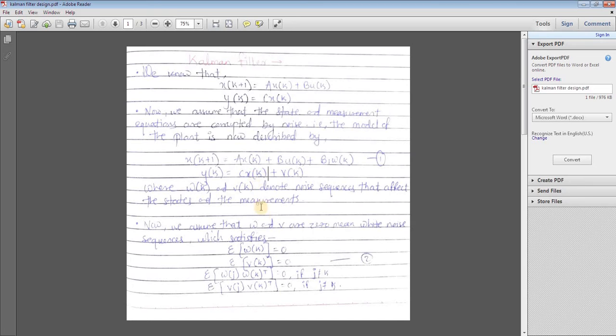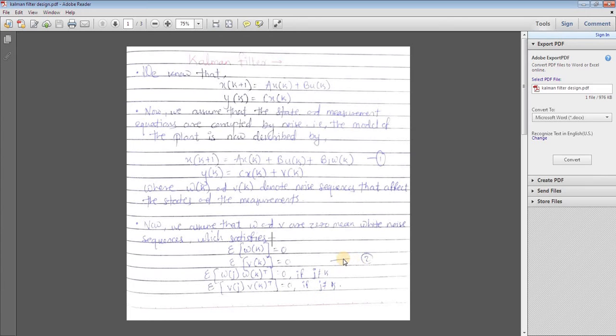Now we can assume that this w and v are zero mean white noise sequences, which satisfy these conditions. The conditions are: expected value of w of k equals 0, then expected value of the disturbances, and the expected value of w of j times v of k transpose equals 0 if j not equal to k.